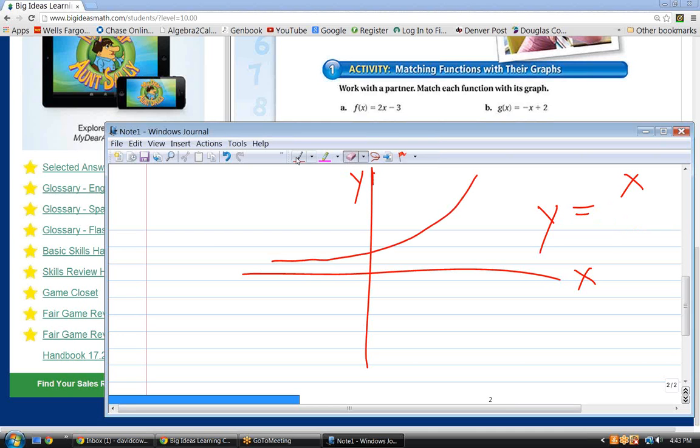Let's use the number 2. y equals 2 raised to the x power. This is called an exponential expression. It's not really an algebraic expression. But if I wanted to know what y equals negative 2 to the x would be, well, I would reflect that about the x-axis. It would look like that, right?